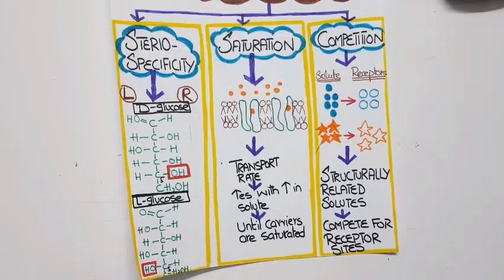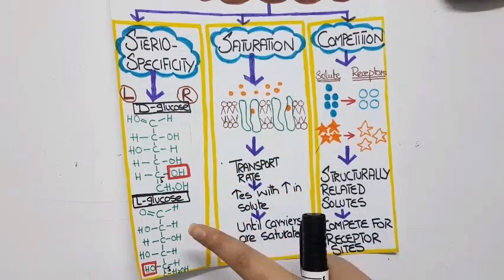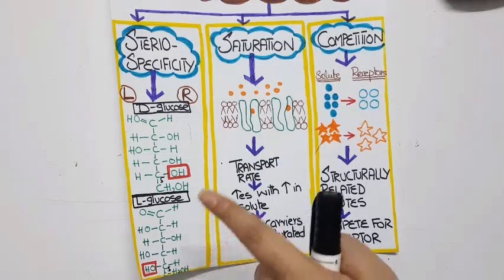And the carrier-mediated transport mechanisms will differentiate between these two isomers, the stereoisomers, whereas non-carrier mediated mechanisms will not differentiate. Such as, facilitated diffusion will transport the D-glucose but it will not transport the L-glucose. Why?